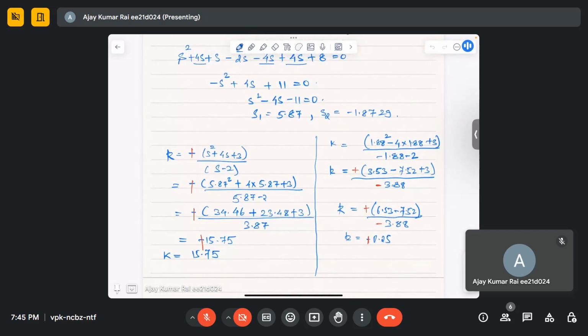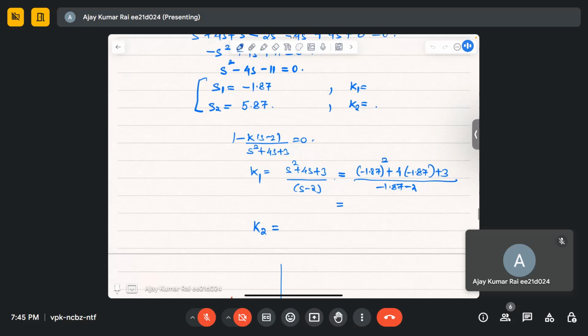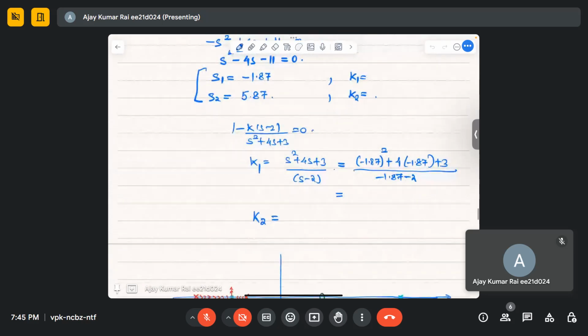So for S2, I was getting 0.25 and 15.75.